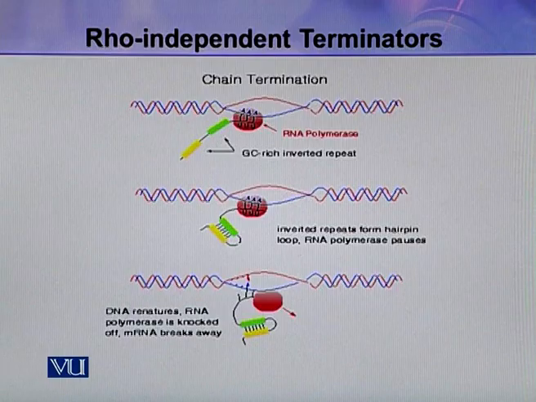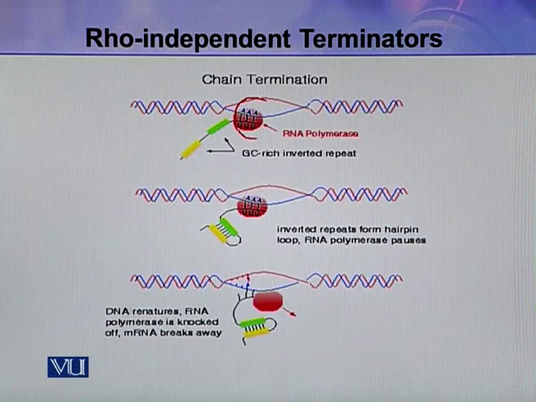So here you can see in this figure, this is RNA polymerase, and this yellow one is the first sequence, and then this green one is the inverted sequence of this yellow sequence. So this is about a 20 nucleotide long sequence, and then it is followed by a small stretch of AT sequence.